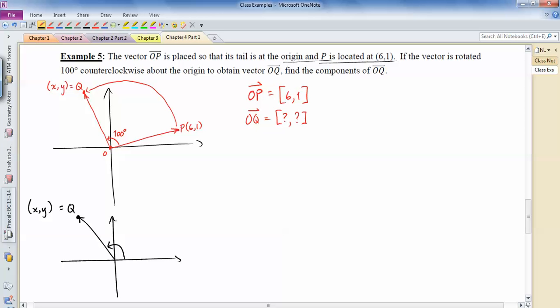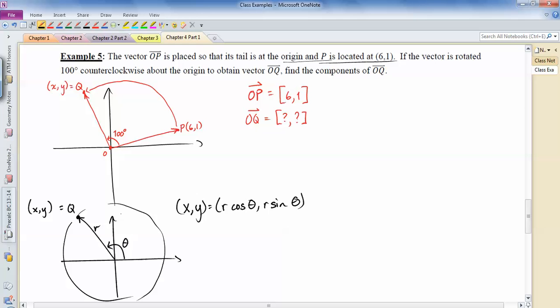If I knew this angle theta, then we know that x is R cos theta and y is R sine theta, so you'd also need R. So x y is going to be R cos theta, R sine theta. You can picture that as we rotated it, there's a big circle around here. Theta is not 100, it's 100 plus whatever this little angle is right there. Let's use another Greek letter and call that alpha.